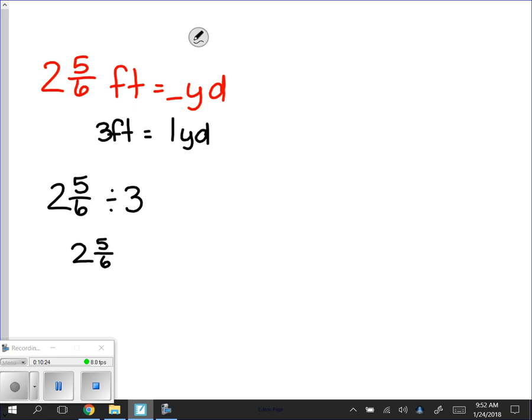When we divide by a fraction, you multiply by what they call the reciprocal. You flip it. Reciprocal.